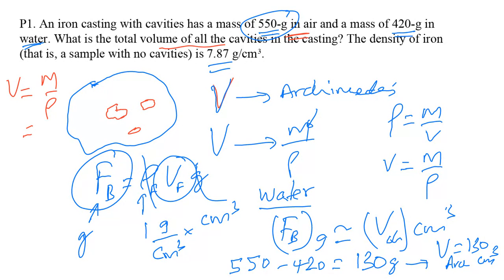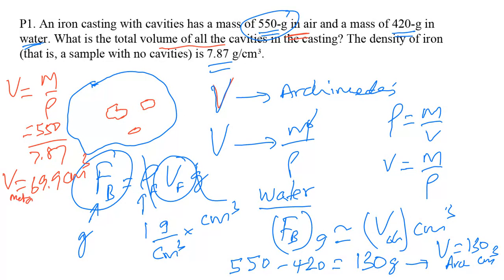So I'm going to use 550, divided by the density of the metal they gave you, which is 7.87. 550 divided by 7.87 gives me 69.9. So this is 69.9 centimeter cube, the volume for just the metal part.